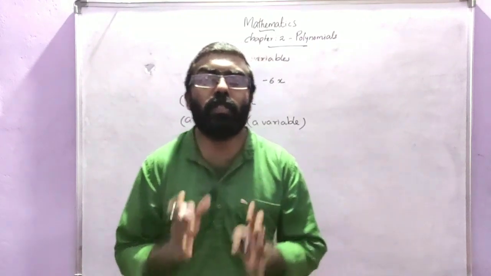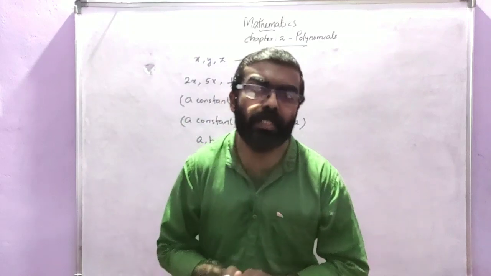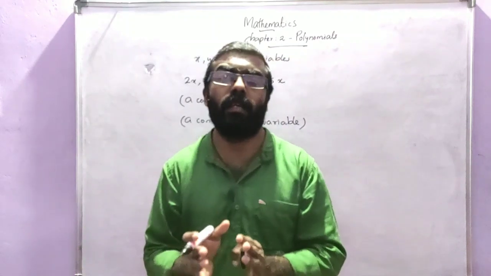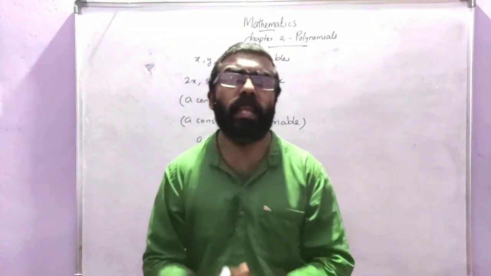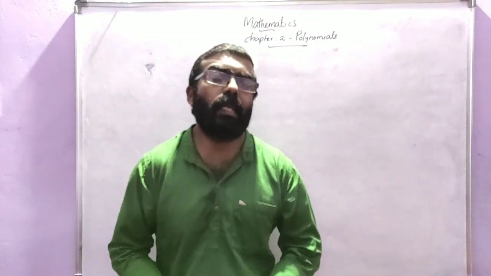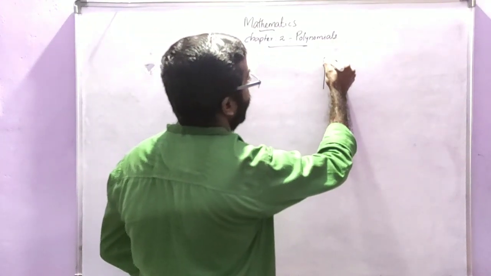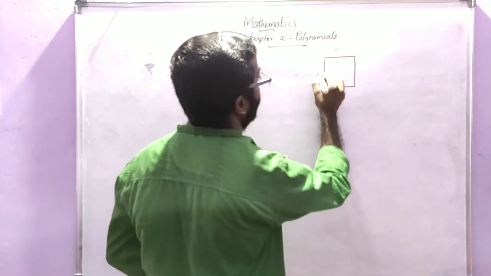Clear? The value of a constant remains the same throughout a particular situation. That is, the value of a constant does not change in a given problem, but the value of a variable can keep changing. Now consider a square of side 5 units.